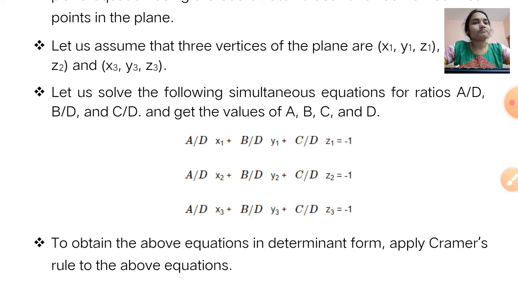In this way, we use the three vertices of the plane to obtain the constants a, b, c and d.